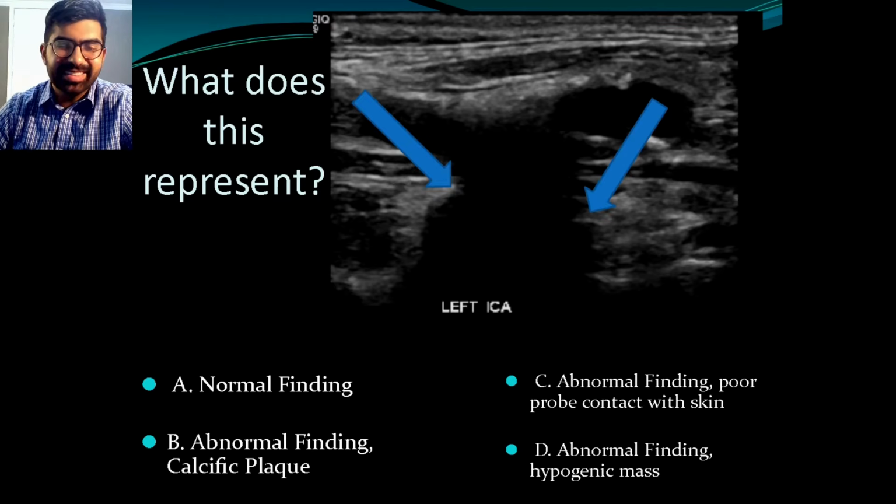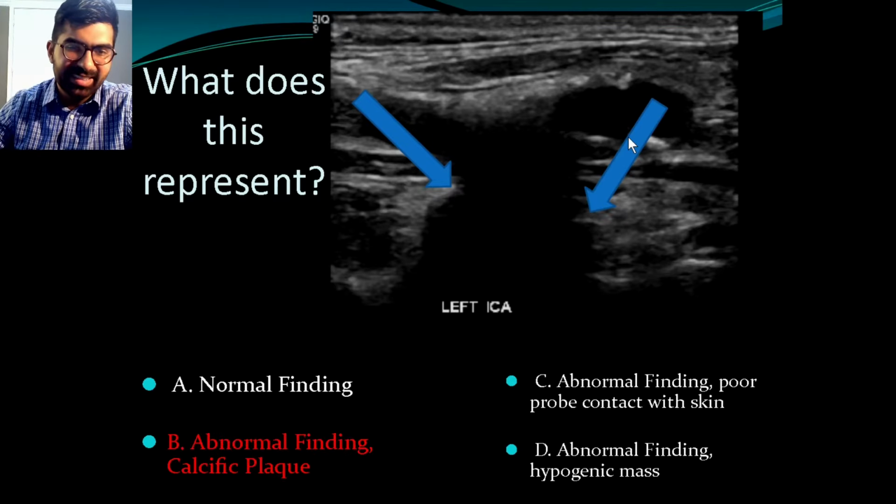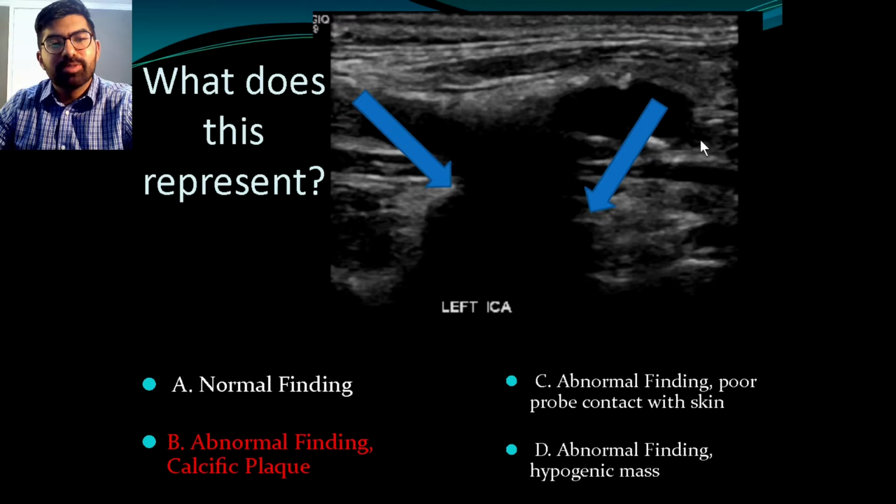Yeah, so there you go. It is, in fact, an abnormal finding which represents calcific plaque. So working through these, normally without disease, you would not see this finding. If it was poor probe contact with the skin, in fact, the entire area above this location would be lost. Or is it a hypoechoic mass?